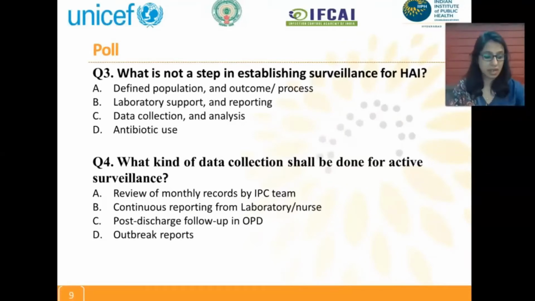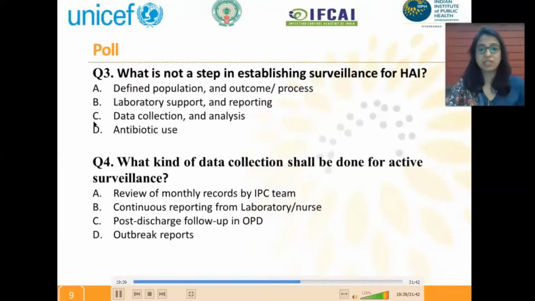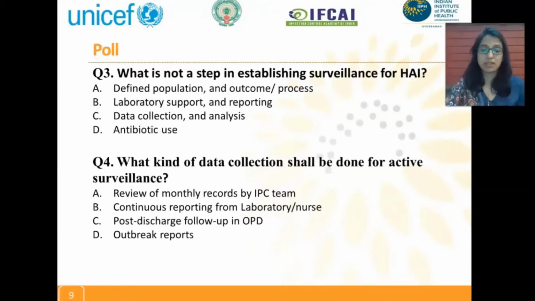Defined population and outcome or process indicators, having a laboratory support and reporting mechanisms, data collection and analysis, and last phase is using antibiotics for any infections. What is not a step of surveillance for hospital acquired infections?